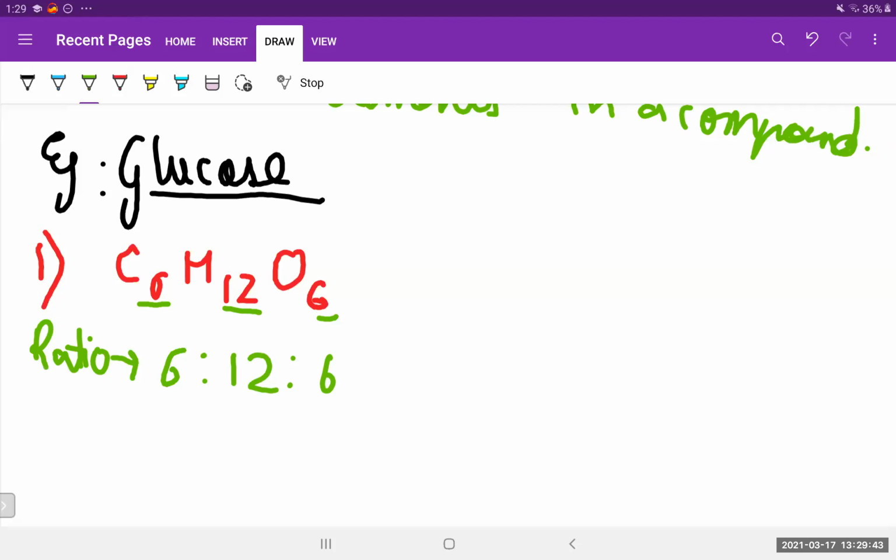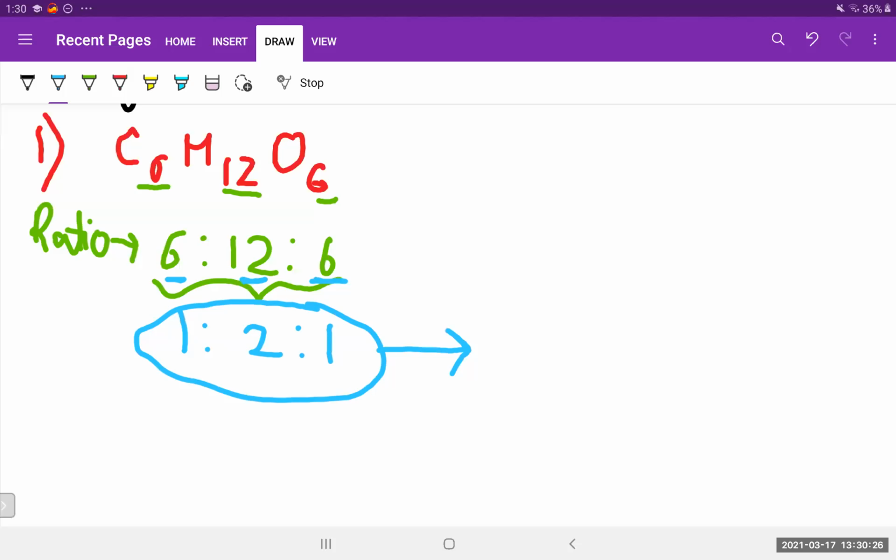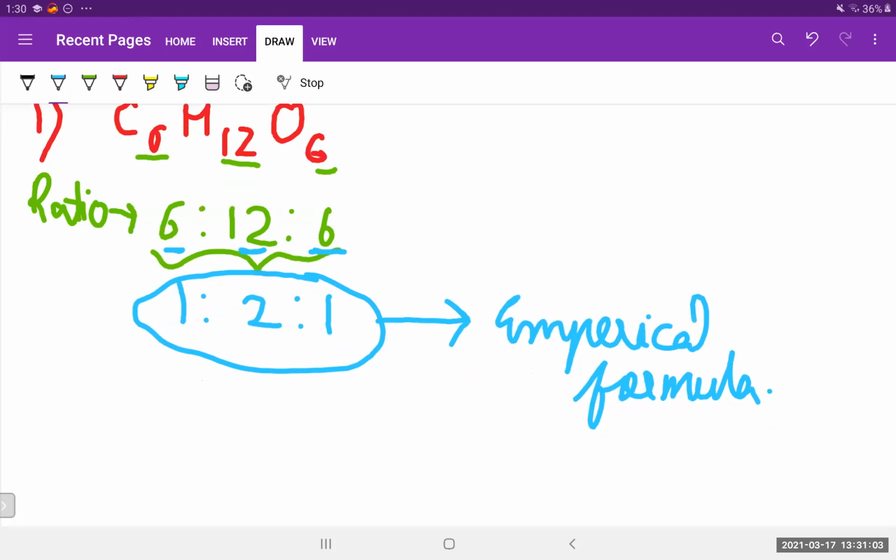Now, when you calculate this ratio, since it is the empirical formula, let's look at the formula again.